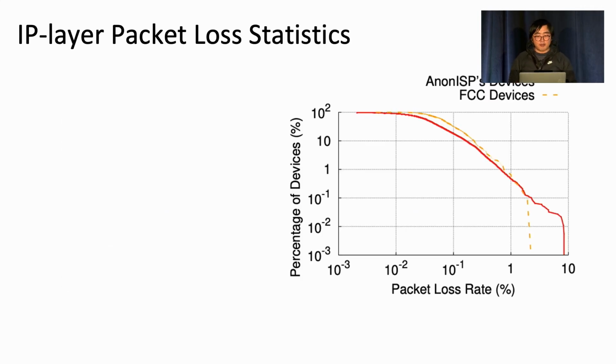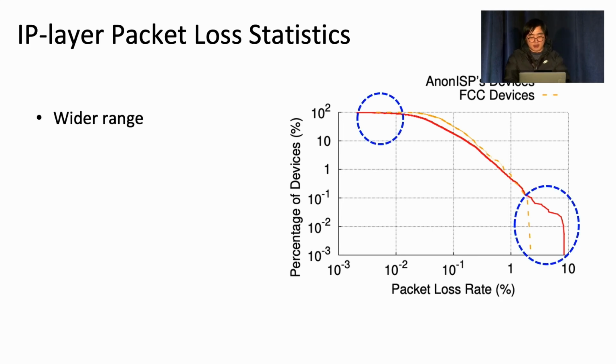First, we compare the measurement results of the FCC dataset with Along ISP's IP layer dataset. The purpose of this comparison is to understand whether Along ISP's quality of service is similar to the cable ISPs that the FCC measured. This figure shows the distribution of the overall IP layer average packet loss rate for each device on both the FCC measurement and the Along ISP measurement.